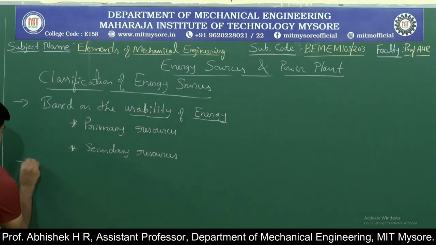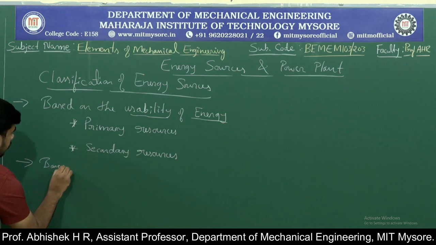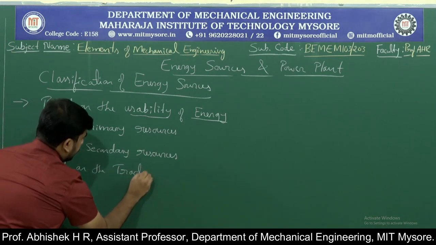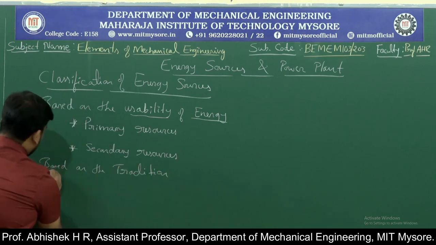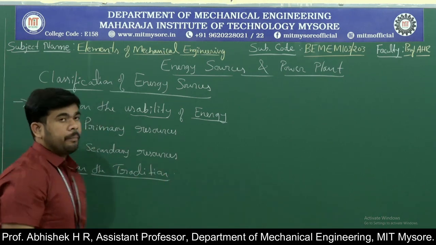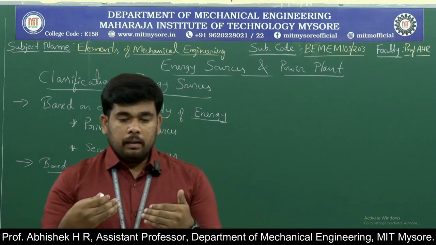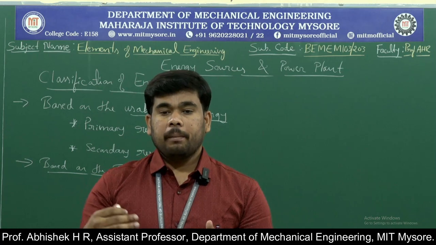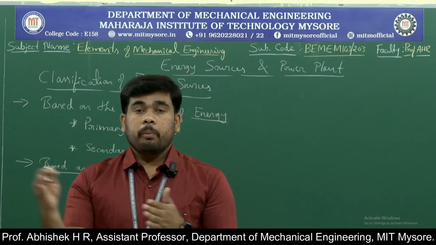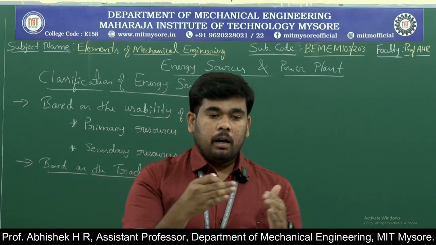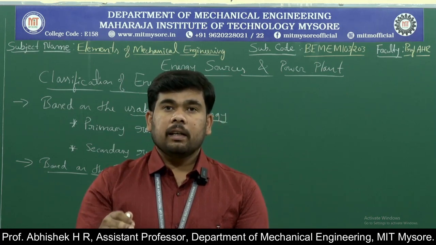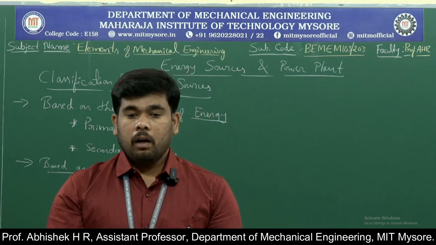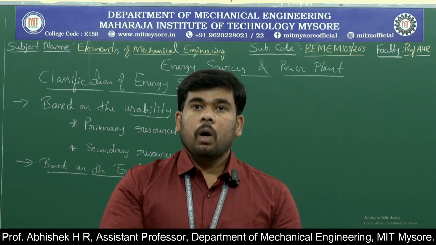Now we will see the next one, based on the tradition. Based on the tradition, which means the resources which we are using traditionally, I mean from so many decades, we are constantly utilizing some common sources, for example petrol, diesel, coal and all.